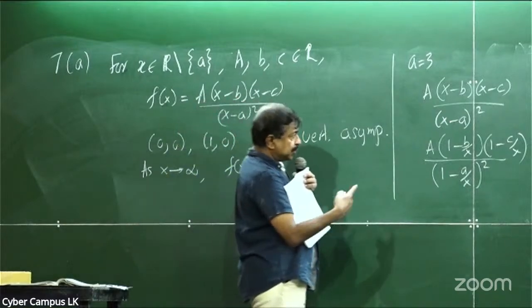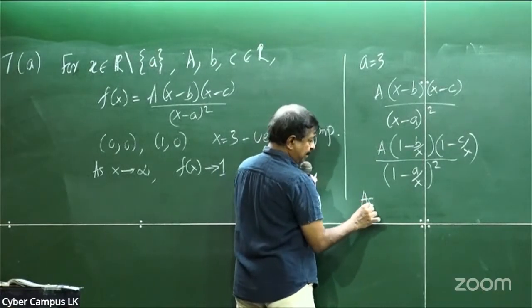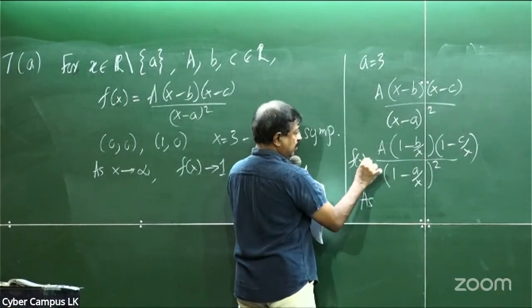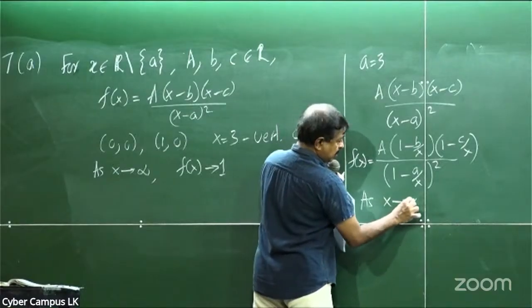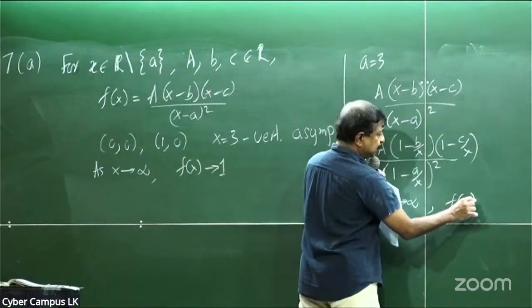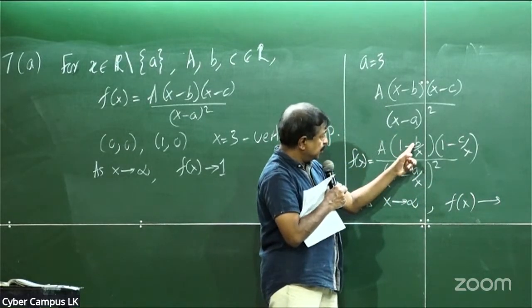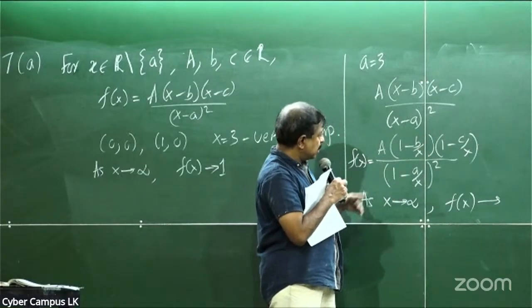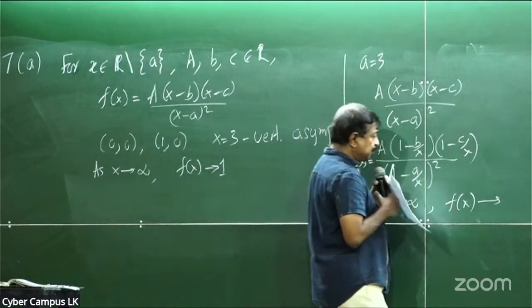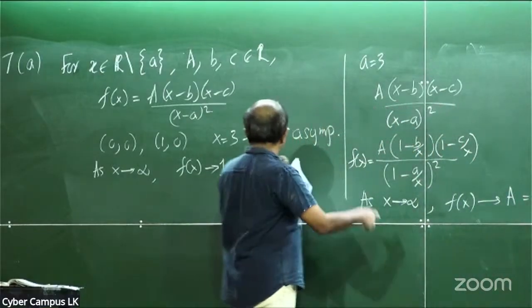That means we are actually dividing upstairs by x as well. As x goes to infinity, if x goes to what value? This is 0, 0, 0. So you get 1, 1, 1, but there will be an a sitting outside. But it says that a is equal to 1.